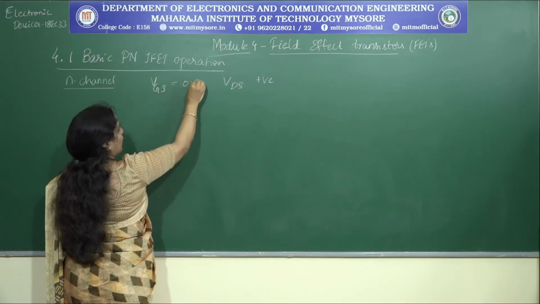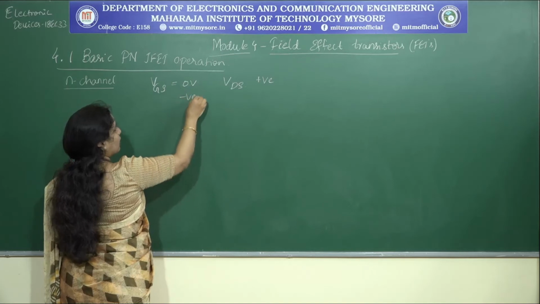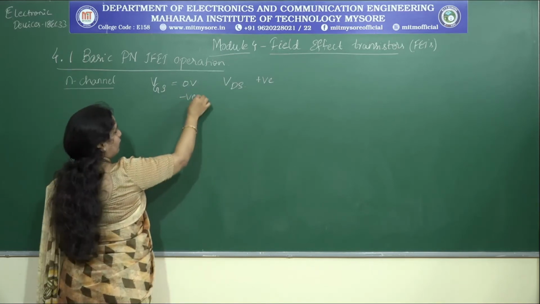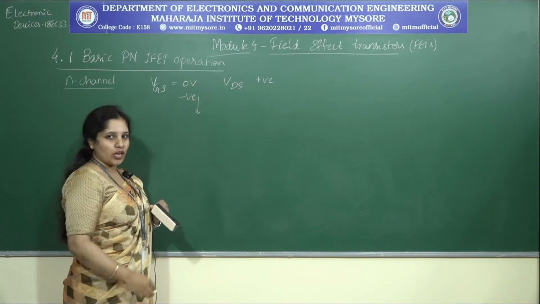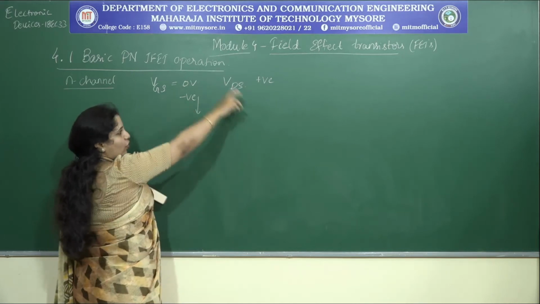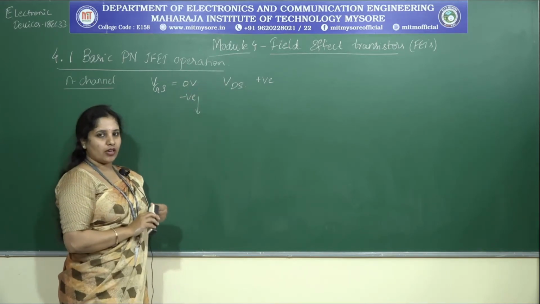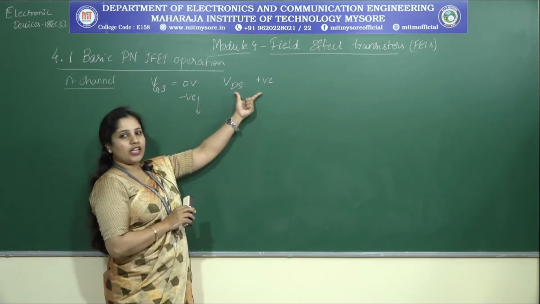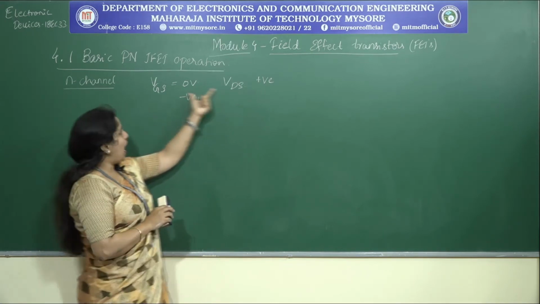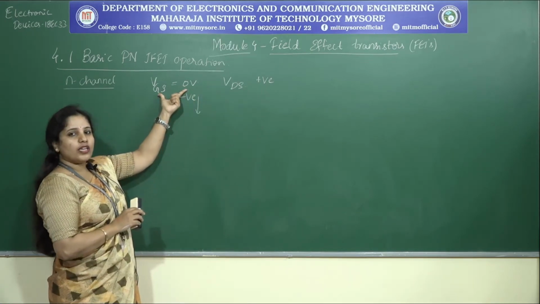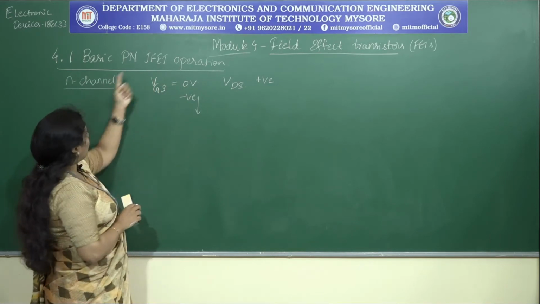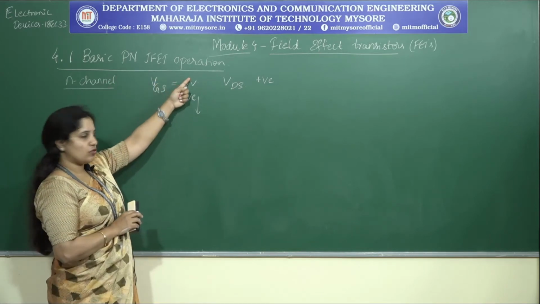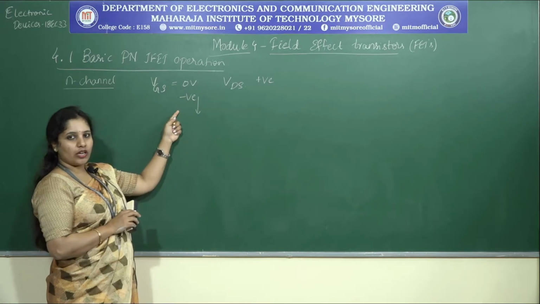Say first I provide 0 volts and then some negative voltage, and let me increase this negative voltage and see the behavior of the device. That is, by keeping VDS a positive voltage and varying VGS, how does my N-channel JFET perform? That is the first case that we will be looking into.